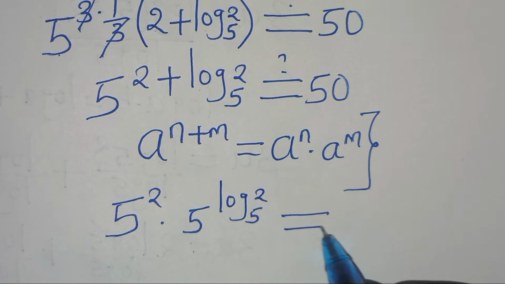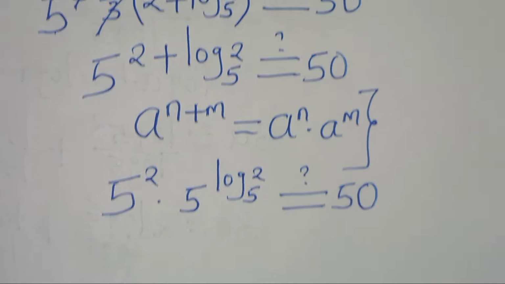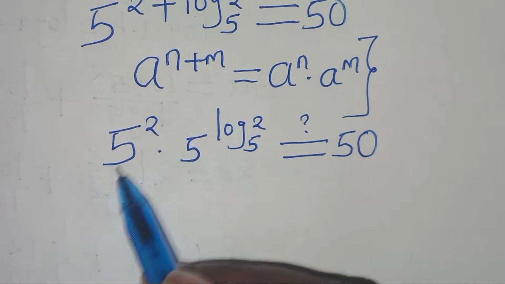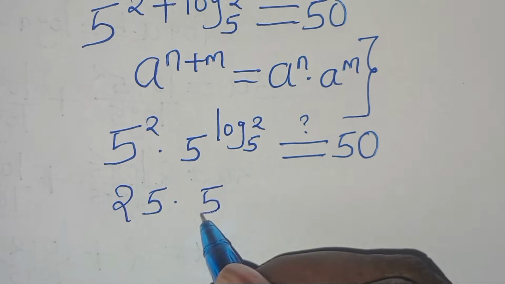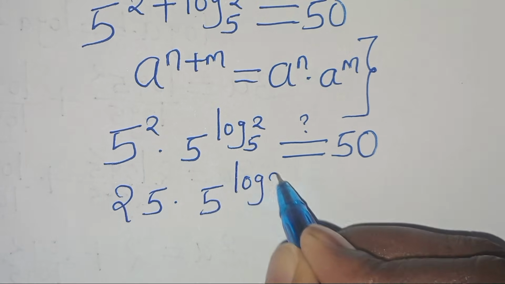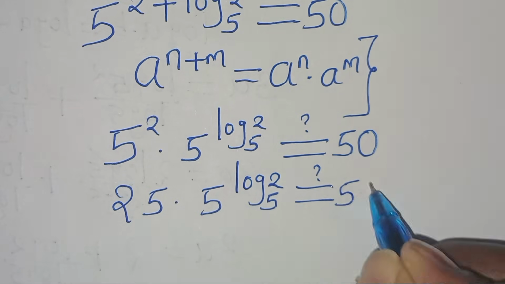This should give us a value of 50. Now, 5 squared is equal to 25, multiplied by 5 to the power of log 2 to base 5. This is supposed to give us a value of 50.